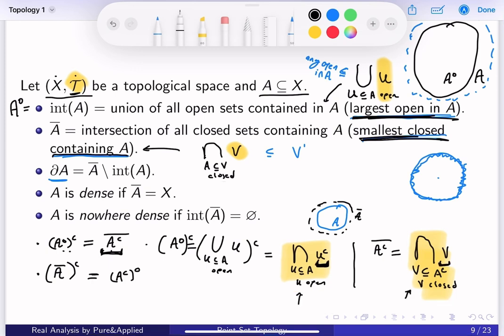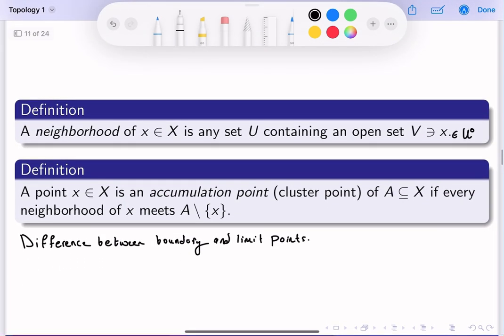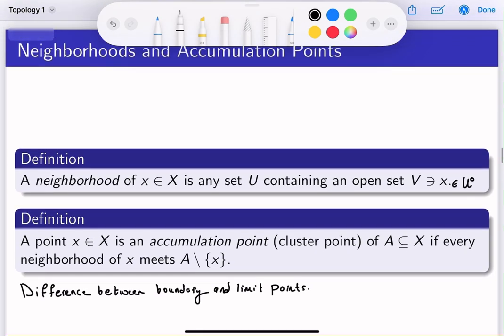All right, so now that we've introduced these notations, we need two more definitions before we prove an important proposition here, which are the notion of a limit point and the notion of a neighborhood.